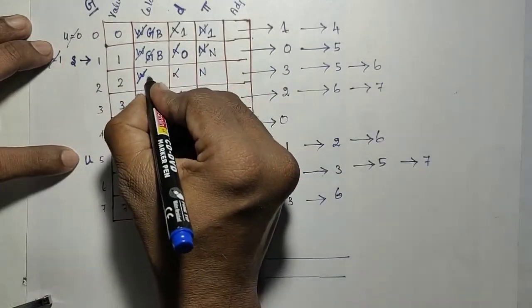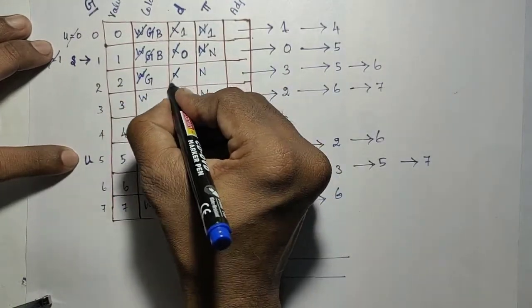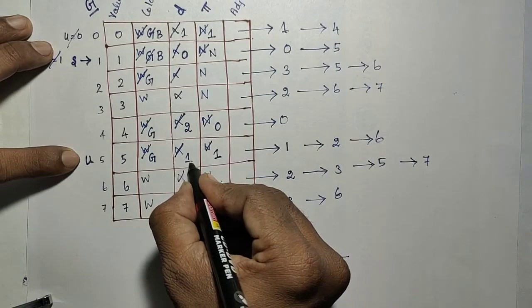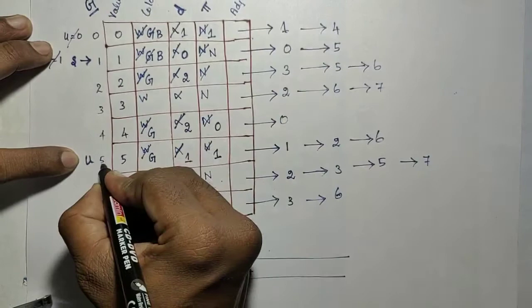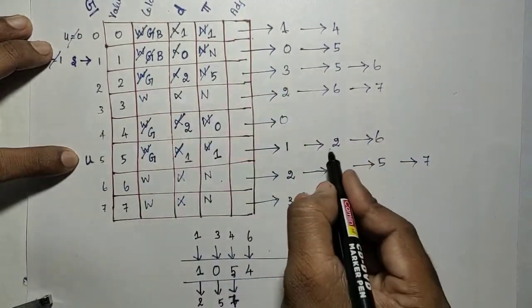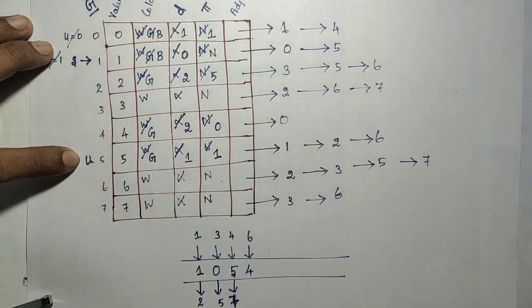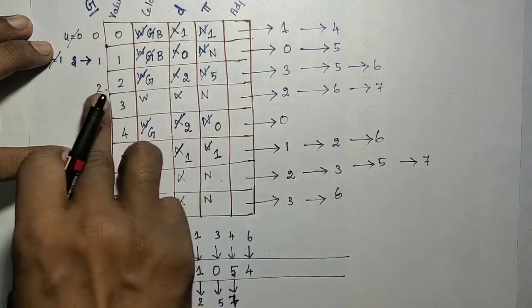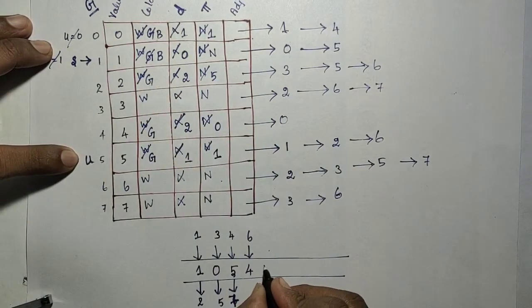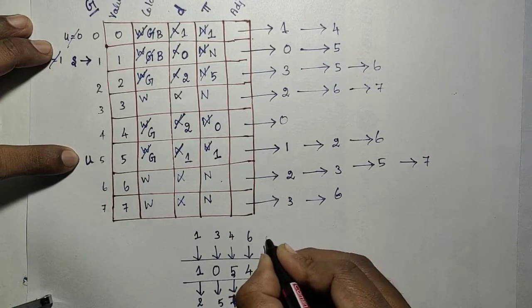So color is changed to gray and distance is changed to that distance plus 1, 1 plus 1 is 2. The parent is updated with 5. It means that 2 is visited by 5. The next thing, what is visited has to be immediately inserted into the queue. So that is the 8th one.